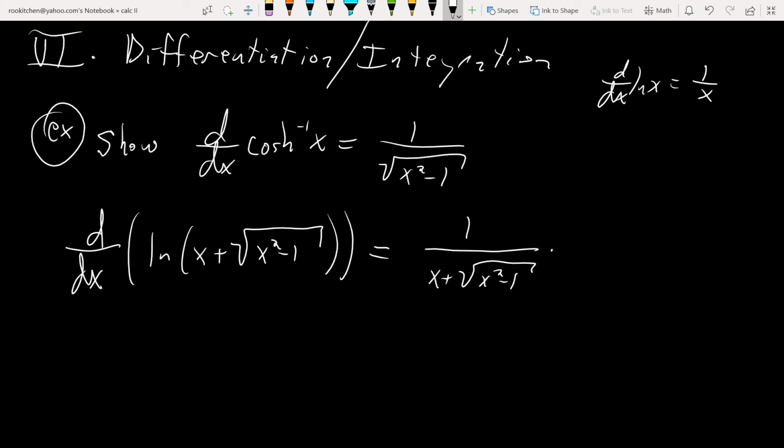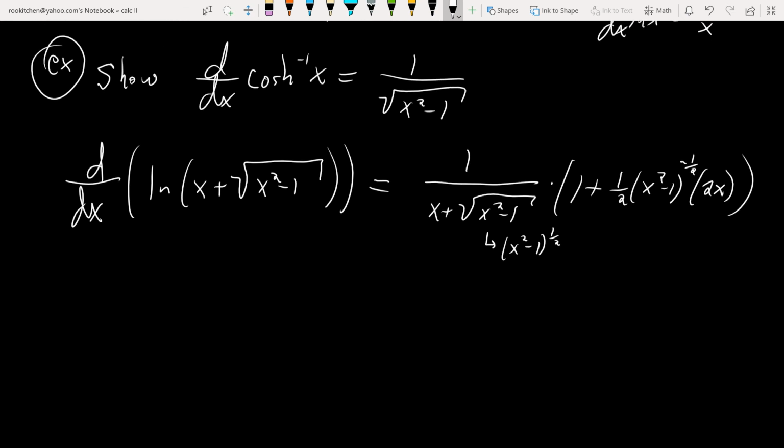So the derivative of that is 1 plus, and then we could look at the square root of x squared minus 1 as x squared minus 1 to the 1/2, and do a power rule on it. So I bring down the 1/2, and I have x squared minus 1 to the 1/2 minus 1, which is negative 1/2, and then the chain rule says times 2x.